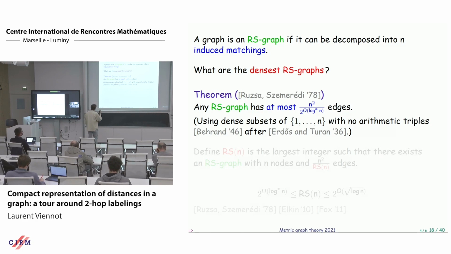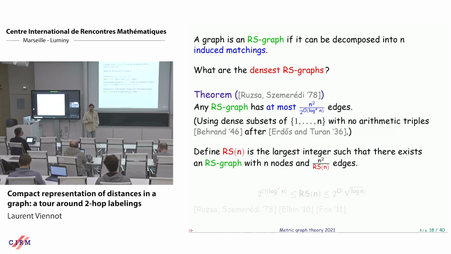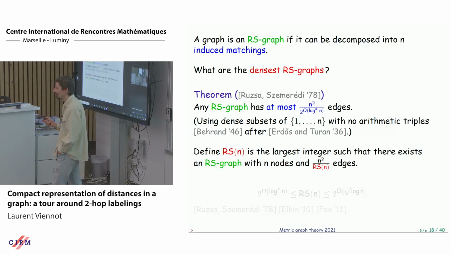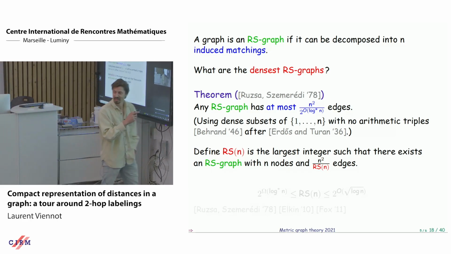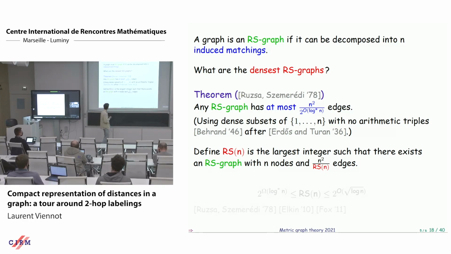And so this dates back to work by Behrend, who was improving previous work by Erdős and Turán. So my challenge was to cite the oldest paper of Erdős. I'm not sure I've succeeded. He was only 23 at that time. So you can define RS of n as the largest integer such that there exist RS graphs.